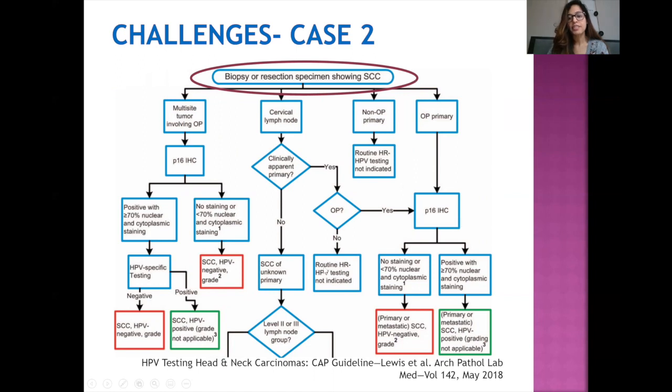So all of this ancillary testing is only applicable if it histologically or immunohistochemically shows squamous cell carcinoma. If you've got something that looks like a poorly differentiated malignancy, you can't actually prove it's squamous, it might be neuroendocrine, this algorithm does not apply. So that's, again, extremely important. You have to first prove it's squamous cell carcinoma before doing all of this ancillary testing.